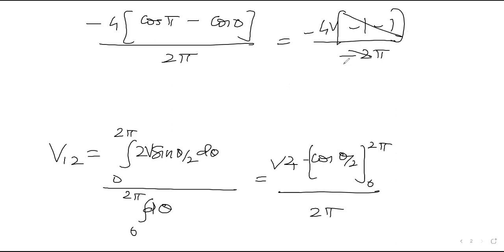The negative signs cancel, so 4 upon pi is 4 upon 3.14, times v. This answer will be about 1.27 v, which is nicely greater than v. That proves the result.